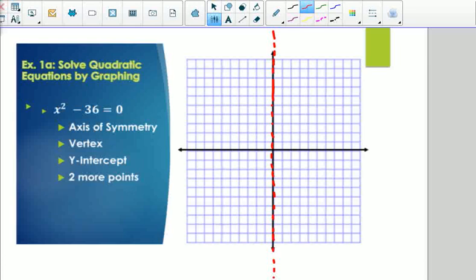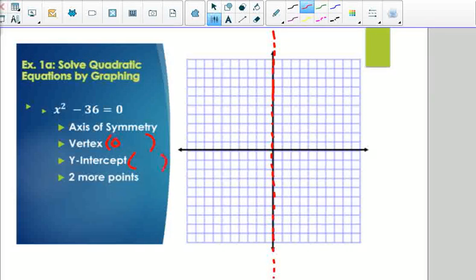Now my axis of symmetry always goes through the vertex. So if the vertex goes right through there, if x is 0, I also have my y-intercept as my vertex.